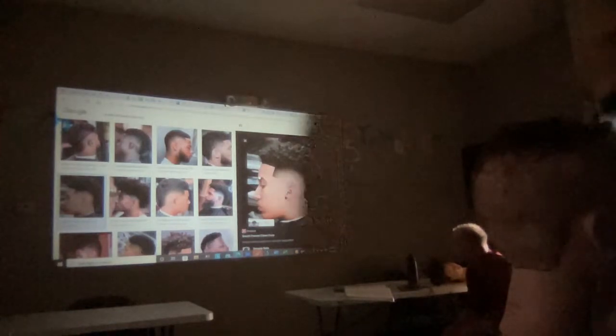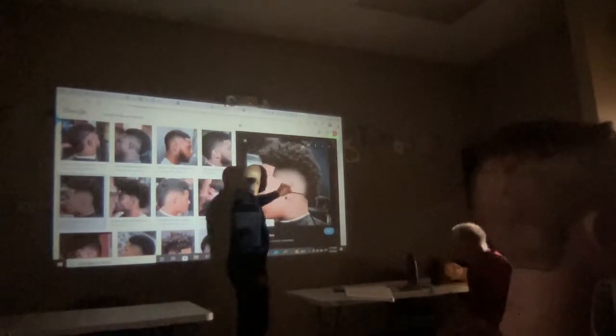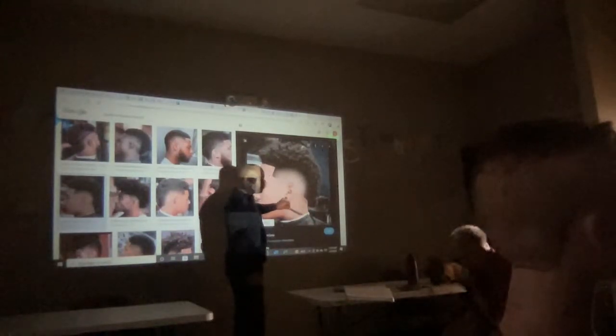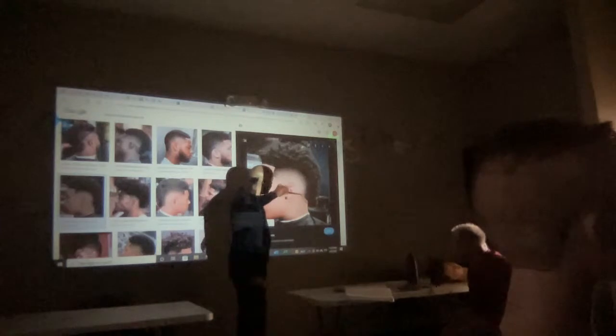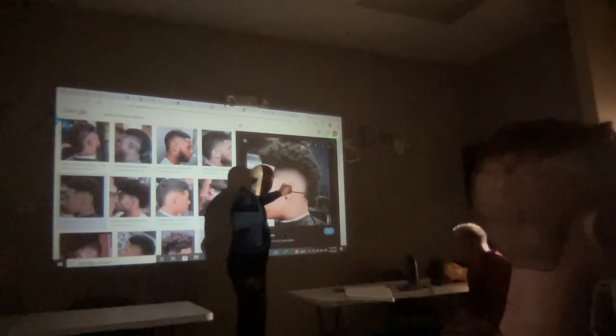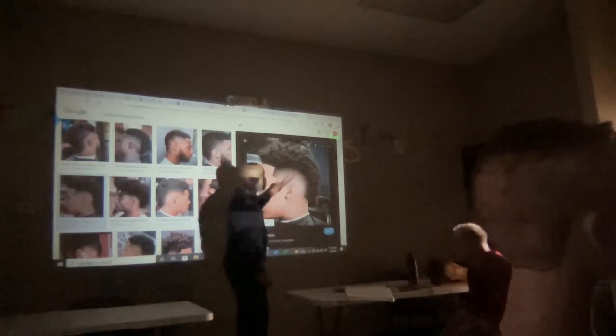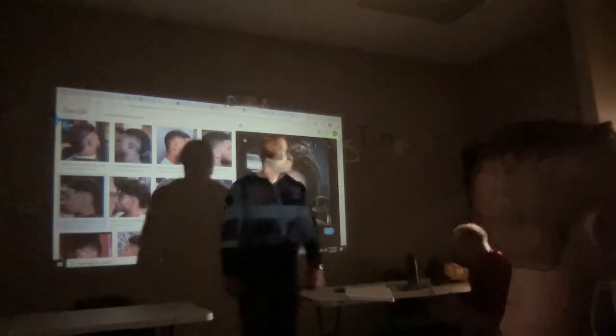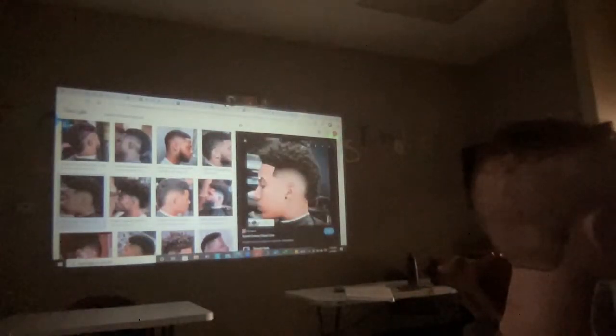And just FYI, when somebody comes and says, "I want a burst fade, I want south of France," then you're gonna go from the temple to the middle of the ear, and you keep the same procedures. Temple to the middle of the ear. The first guideline.